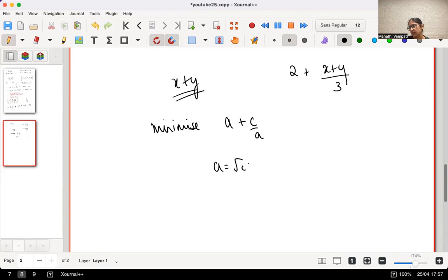That would be like the best case scenario. But now the issue is I might not find a nice square root. And even if I do, these guys might not be divisible by that number.